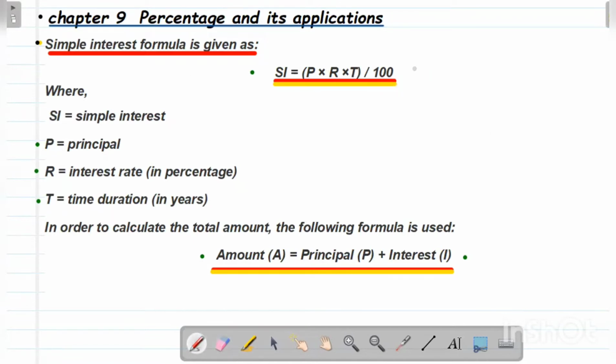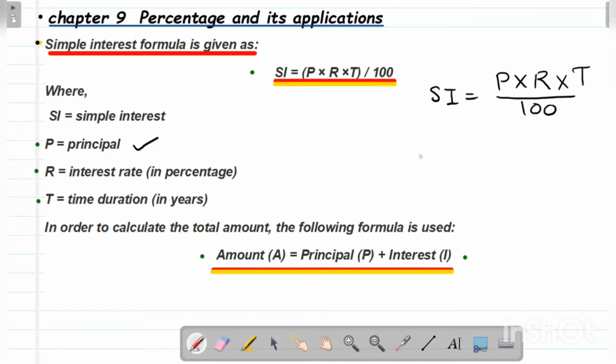Okay, so this is here the formula how we can calculate the simple interest, that is principal means the amount which we borrowed from the bank or which we are going to give to someone else, okay, as a given. Then rate is that at particular rate we are giving or taking the amount of money, and time, that for how much time we are going to use it or we are giving to someone, divided by 100.